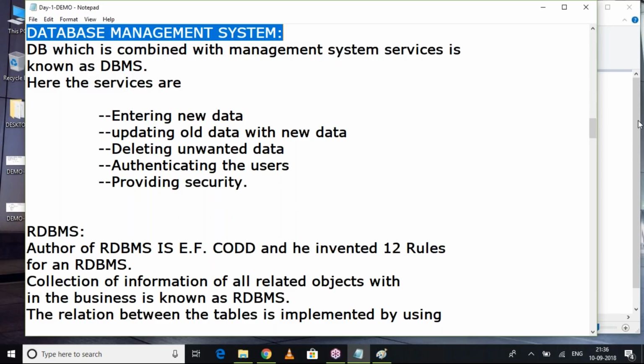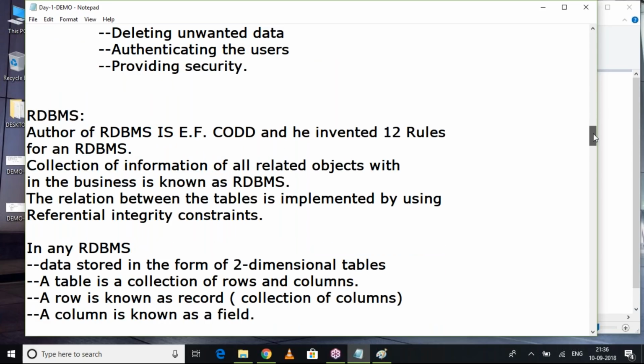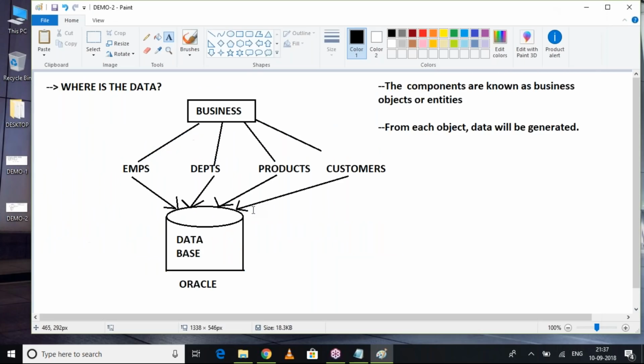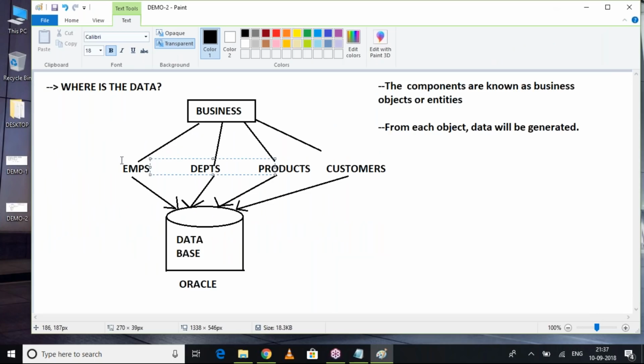And last one, RDBMS, Relational Database Management System. What is RDBMS? So for this, we need another diagram. Okay, before that, just let me explain one point. Employees, departments. Any employee in the company should work under any one department.